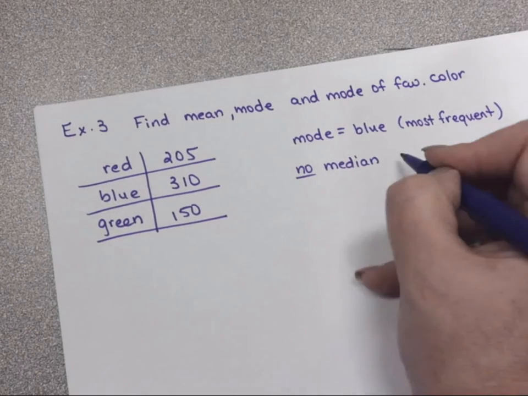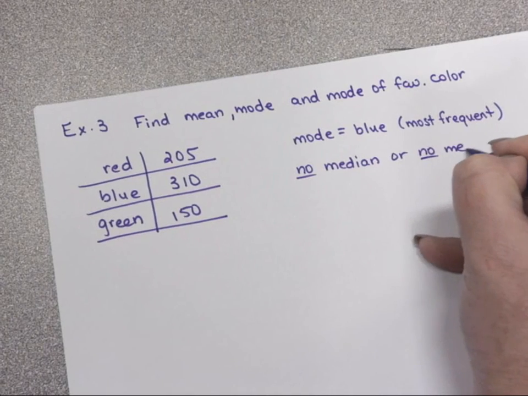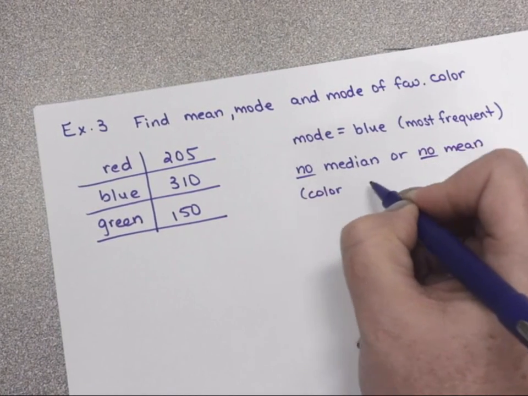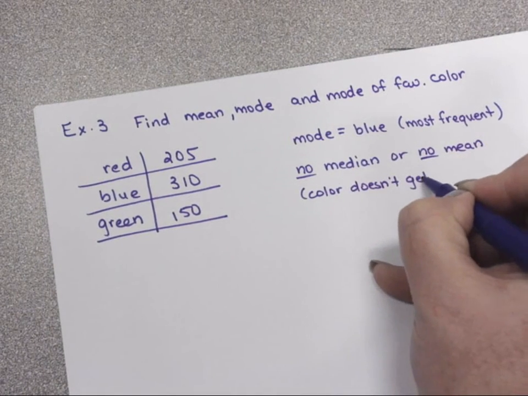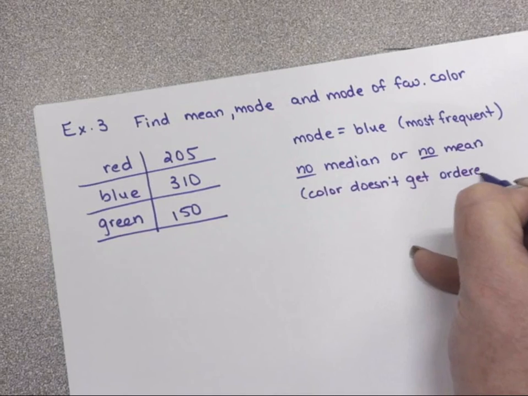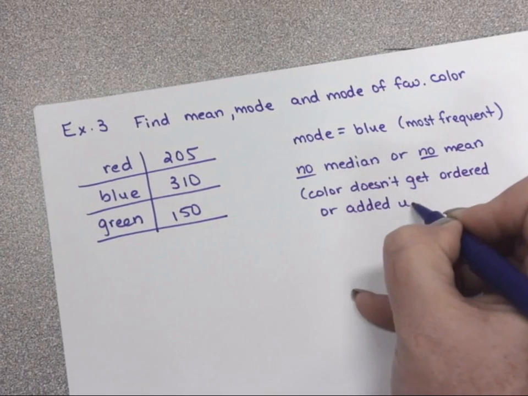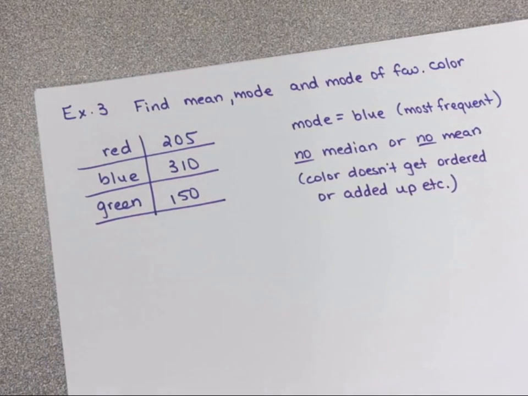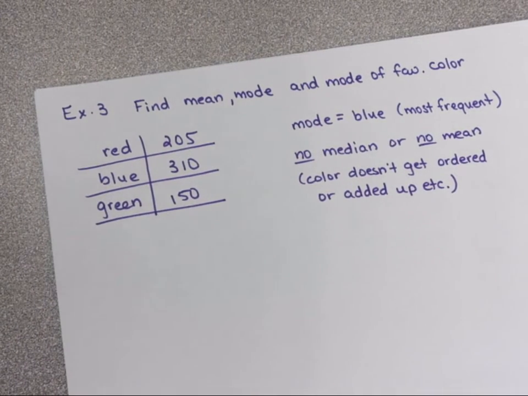So there's actually no median and no mean. Because color doesn't really make sense to order or add up, etc. It wouldn't make sense to find the median or the mean. So if this were the data you were looking at, then mode would be really the only one that makes sense.